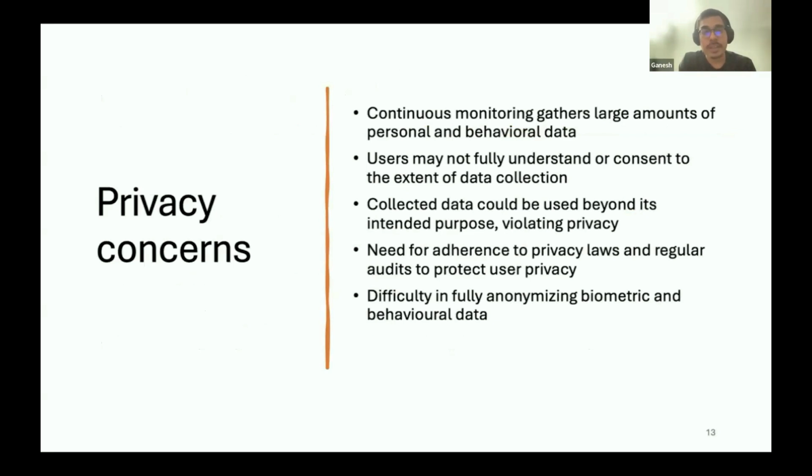So whenever any organization uses these kinds of data, there should be adherence to privacy laws, and the organizations should be fully transparent of how they are using the sensitive data.